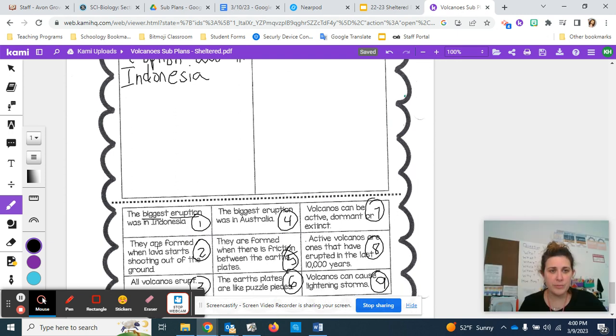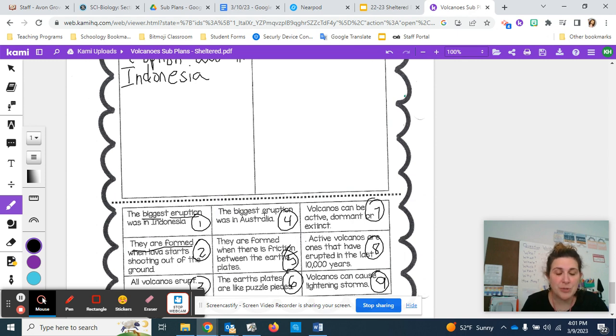They are formed when lava starts shooting out of the ground. Buscar para las palabras importantes. They are formed. Oh, las palabras importantes, lo siento. They are formed. There we go.